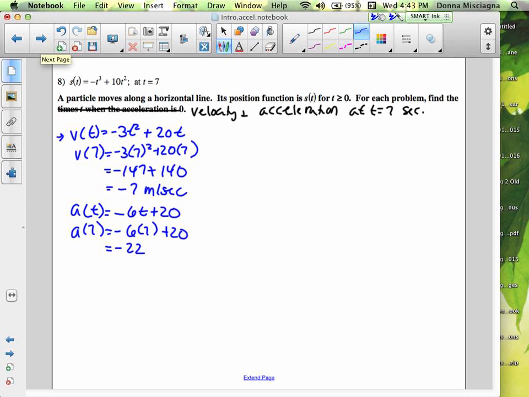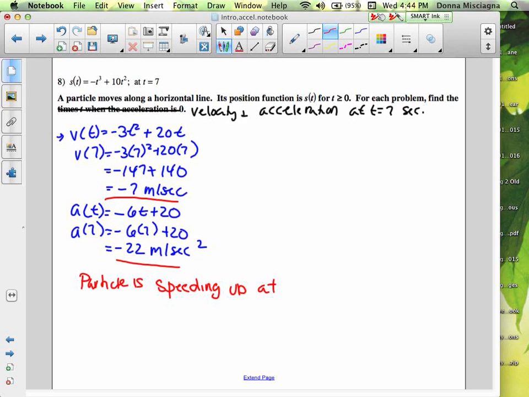And that would be meters per second squared. And if we wanted to know what our particle is doing at t equals 7 seconds, we could just look at the signs of our velocity and acceleration. Negative, negative. So the particle is speeding up at t equals 7 seconds.